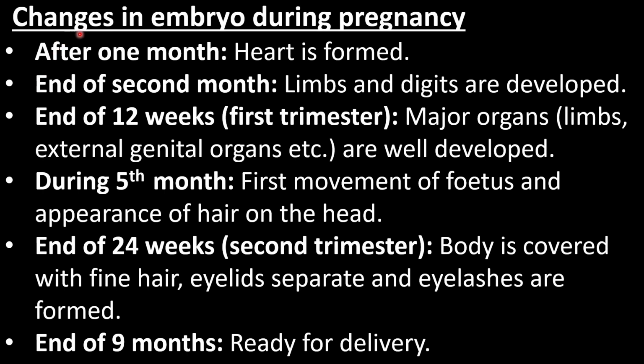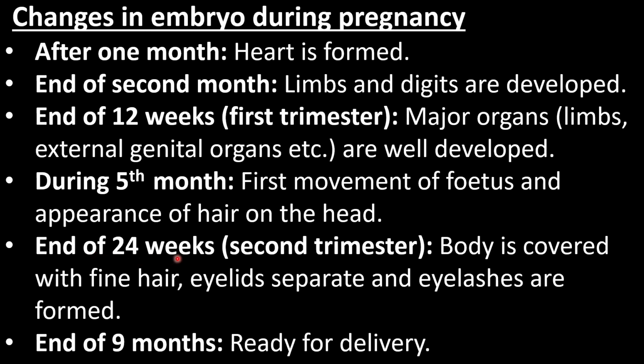Our next point is what changes occur in the embryo during pregnancy. After 1 month, the heart is formed. At the end of the second month, limbs and digits are developed. At the end of 12 weeks, that is the first trimester, major organs, limbs, external genitalia, etc. are well developed. During the 5th month, there is first movement of the fetus and appearance of hair on the head.